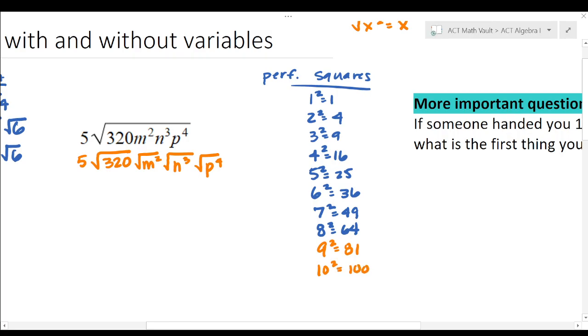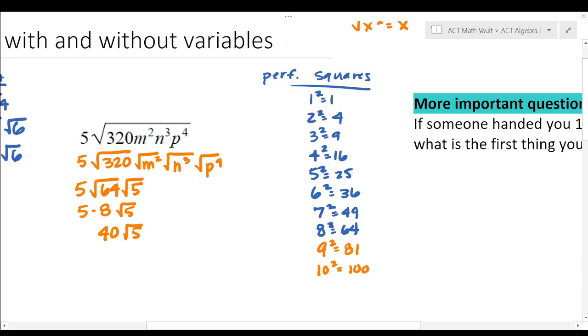So 320, if I keep going past this 36, 320 divided by 49, 320 divided by 64, and so on. The 64 actually goes in, and that is 5 times. So that whole number portion would eventually simplify down to 5 times 8 root 5. That's just 40 root 5 for the number portion.